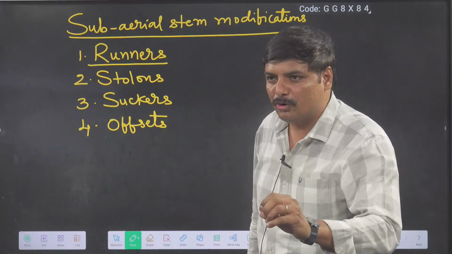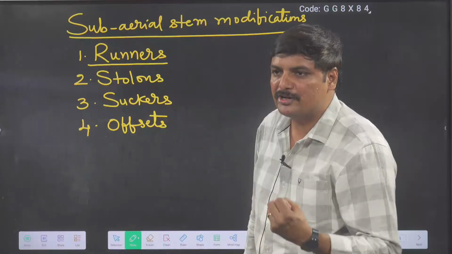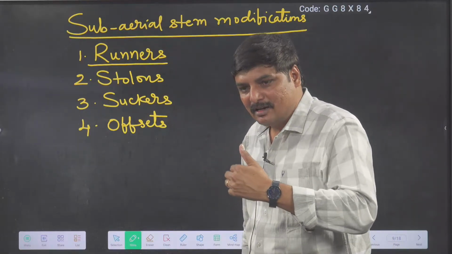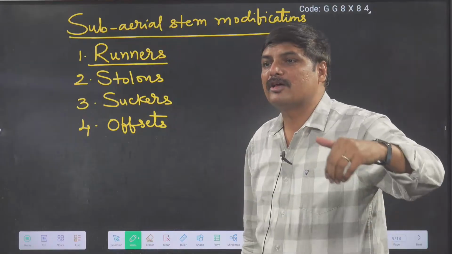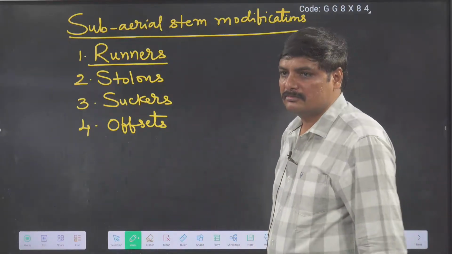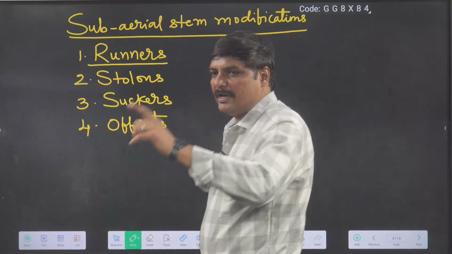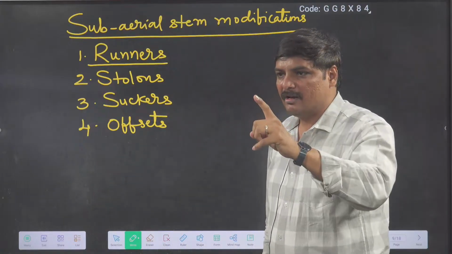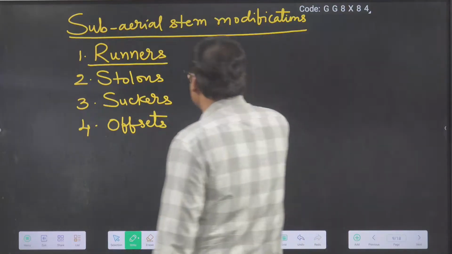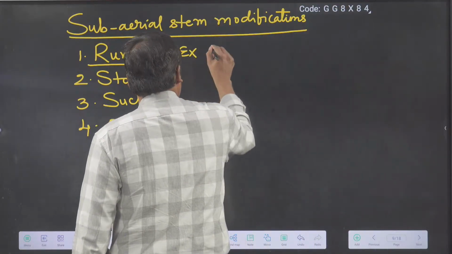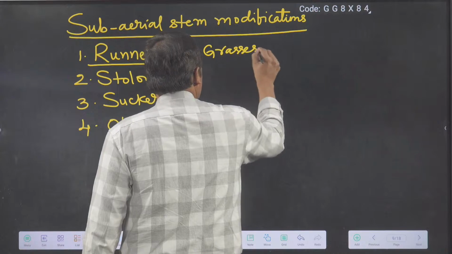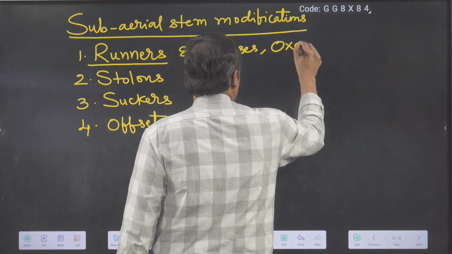At every node, there are adventitious roots. As older stems disintegrate and new stems grow on the ground, they help in vegetative propagation. All subaerial stems are useful in vegetative propagation. Examples are grasses, strawberry, oxalis, etc.